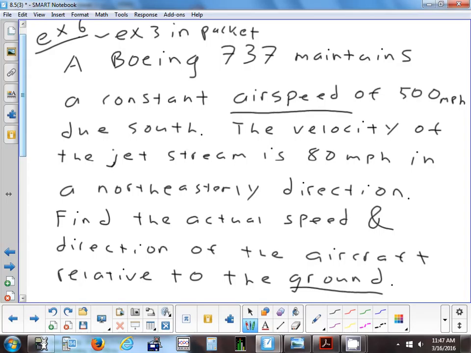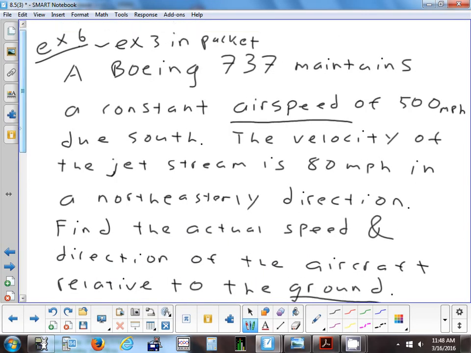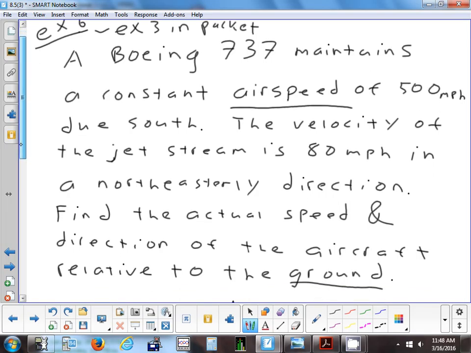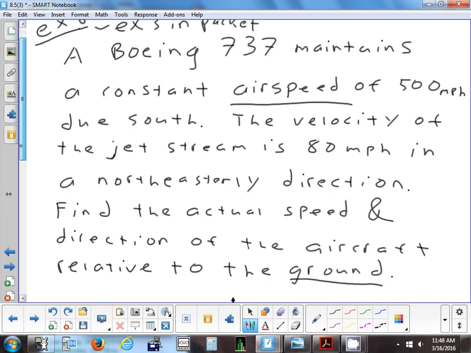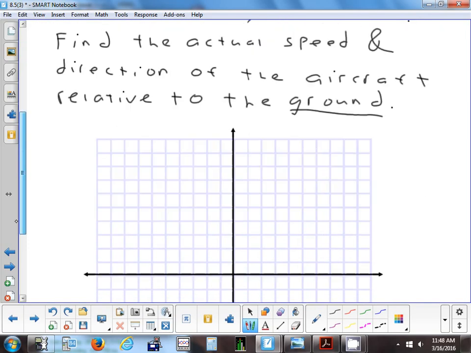Okay? All right. So in this problem, what I want to do is try to draw it out. Let's first draw the airspeed of the plane. What direction is the plane flying in? South. And how fast? 500 miles an hour.